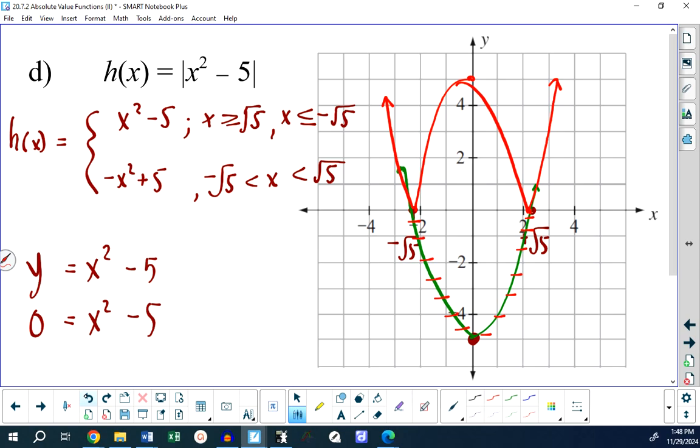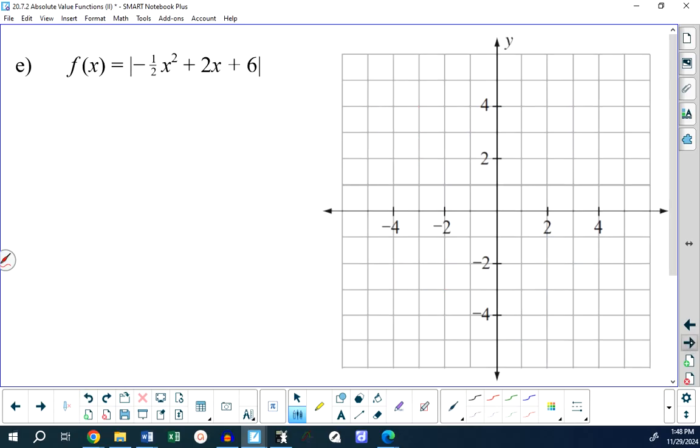The focus in this lesson is not for us to spend a lot of time graphing these functions. So let's do this last one just on our graphing calculator. Let's not even worry about the graph itself. Let's write the piecewise. And I want you to look up here just for a second. I hope that you have figured out that it's always going to be this, and it's always going to be this.